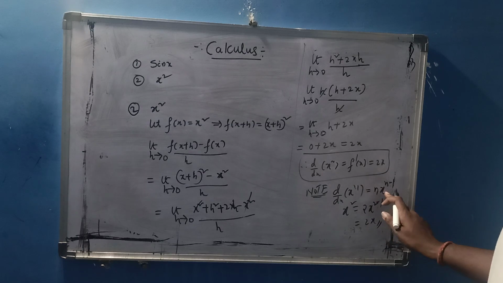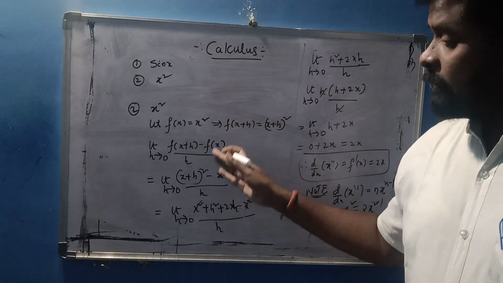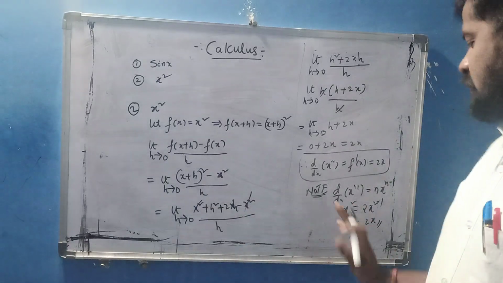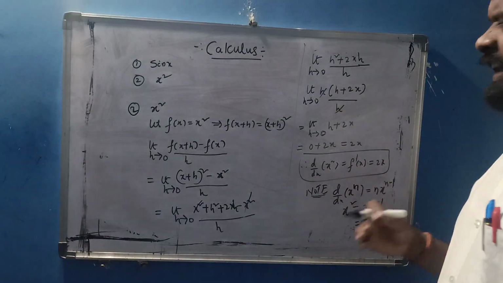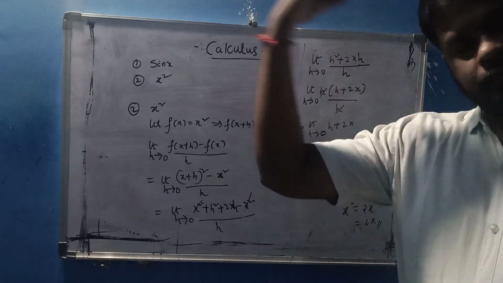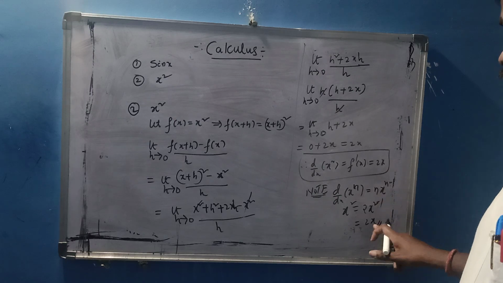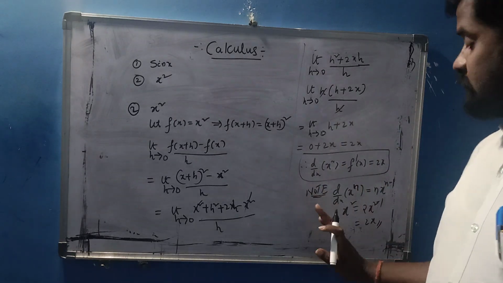So d by dx of x power n equals n into x power n minus 1, and we get it from the first principle only. Remember this formula. In x power n, you can replace any value: x power 3, x power 4, x power 5, up to x power 1000. Whatever value is taken, apply this formula, n into x power n minus 1. This is one formula.